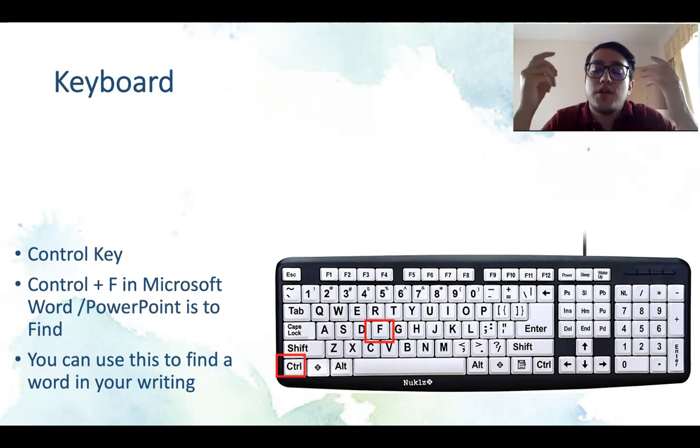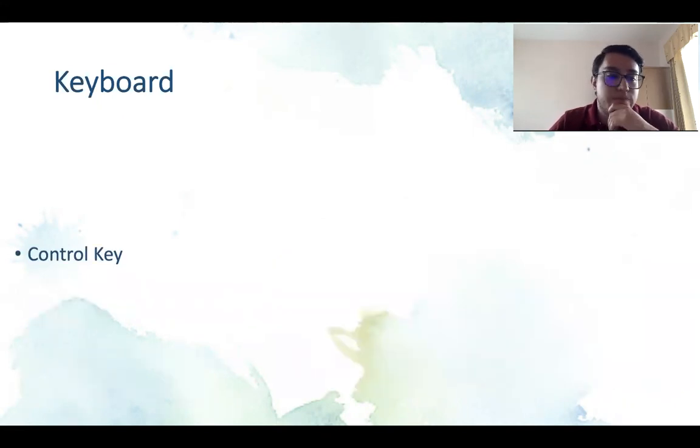If you already know what you want, for example, you are looking for the word keyboard, you just press and hold Control and press F, and you can find the word you are looking for.